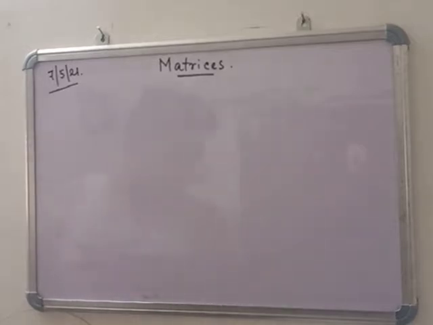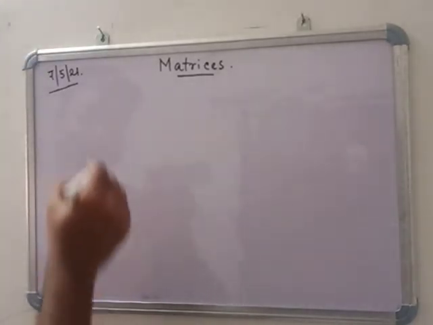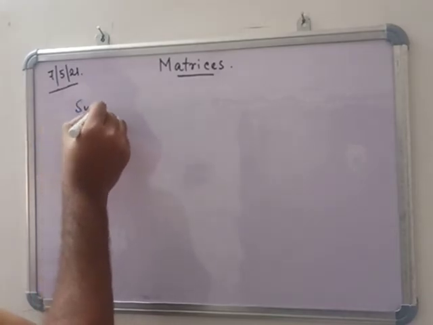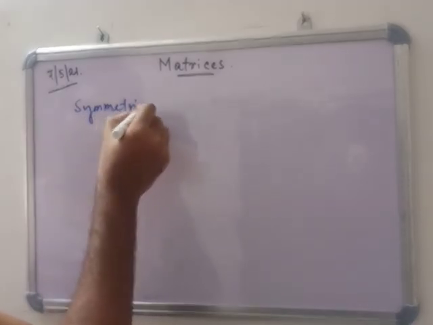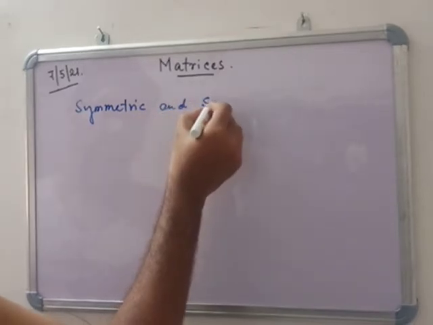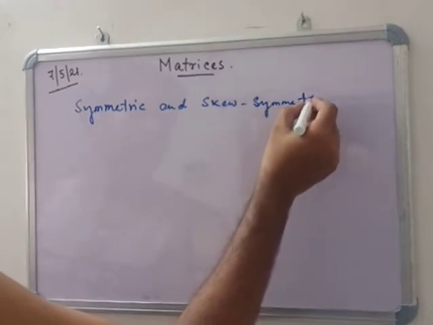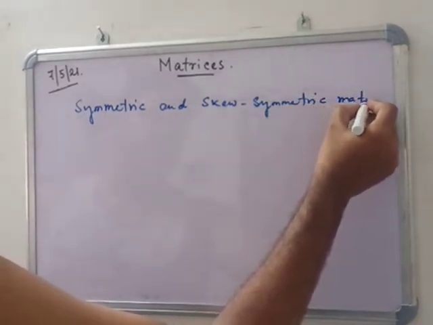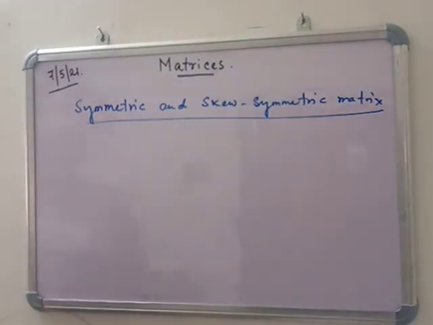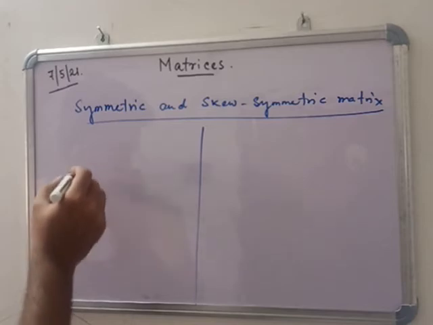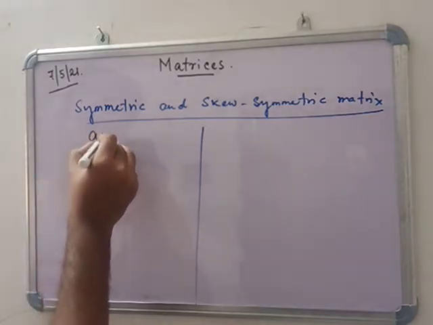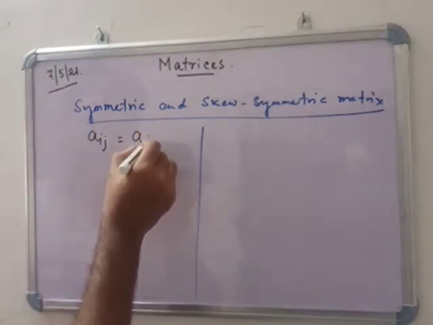Now we are going to discuss symmetric and skew symmetric matrices. So what is a symmetric and skew symmetric matrix? Symmetric means Aij equals Aji.